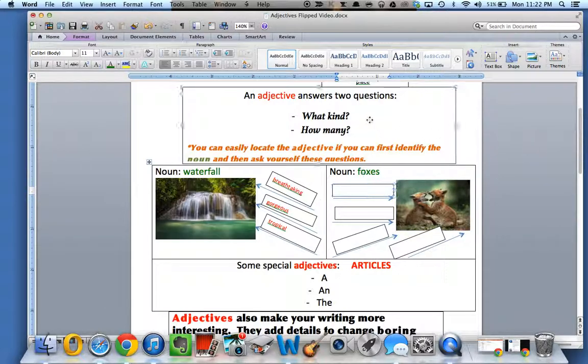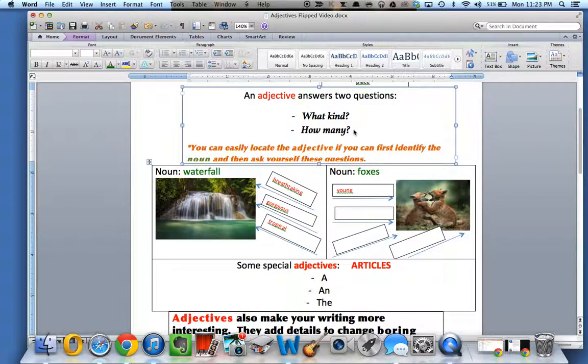Let's take a look back at these two questions to ask ourselves. For example, well, what kind of foxes? And you could say the young foxes. They look pretty young to me. So the young foxes, and make sure that these words go together once you've answered that question of what kind.